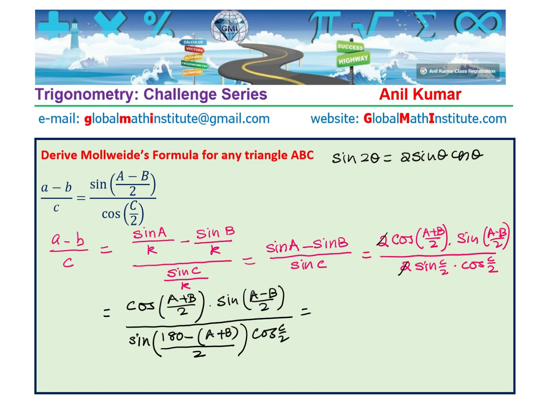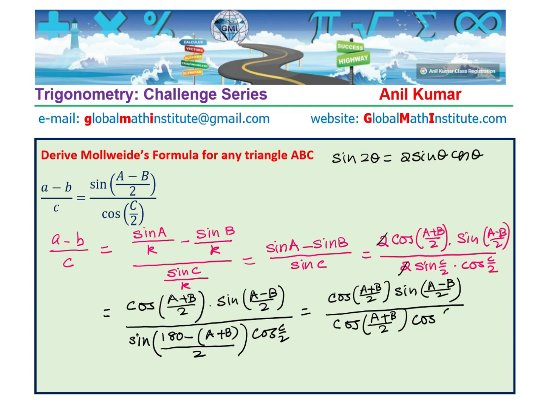So in the numerator, we have cos of (A plus B) by 2 times sine of (A minus B) by 2, divided by, now that is 90 minus (A plus B) by 2, so it comes to cos of (A plus B) by 2, correct?